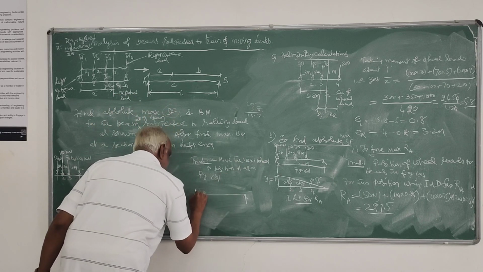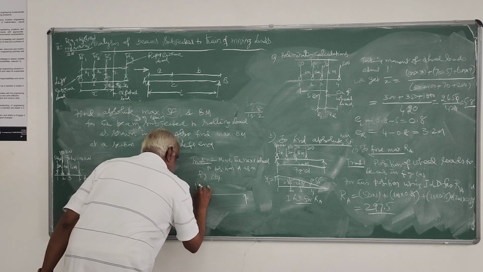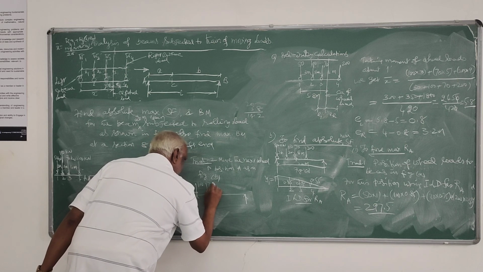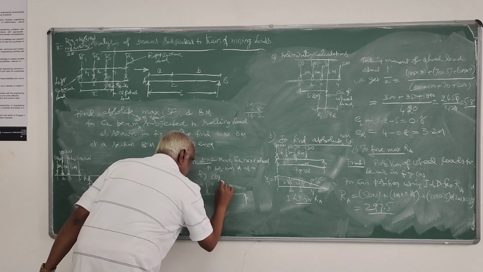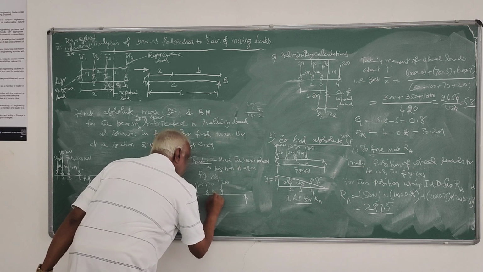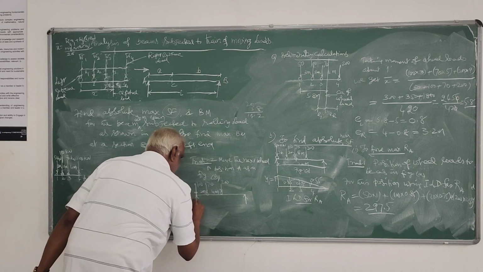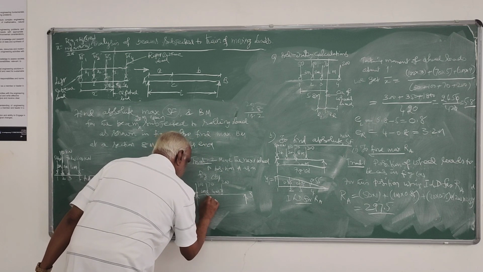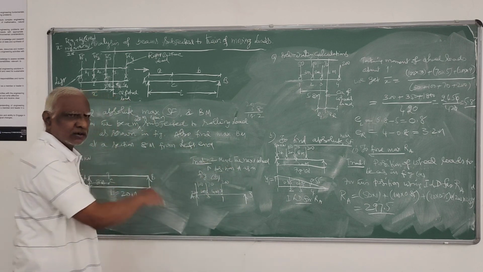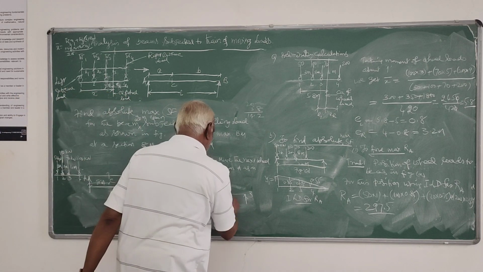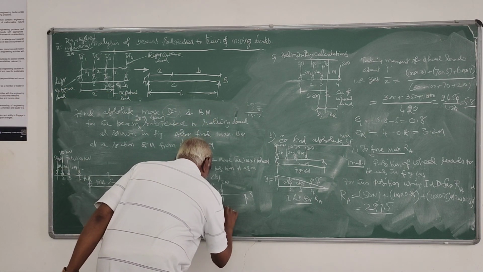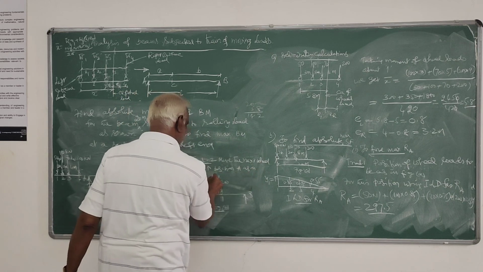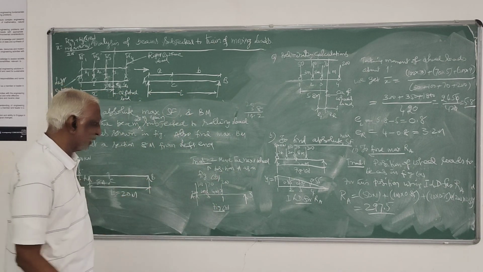So the next wheel load is 100, next it will be 70, next 200. So this is 4 meter, 2 meter. You have wheel loads 2, 3, 4. One will go out. This is figure B.